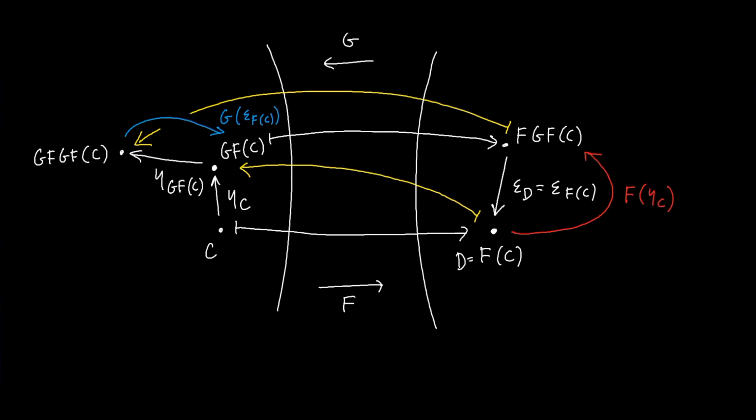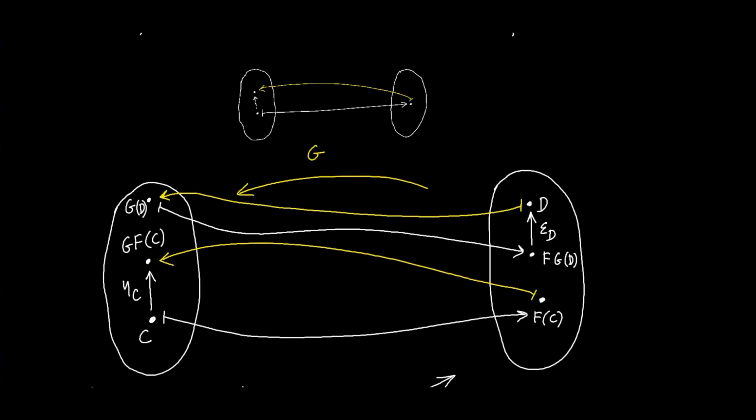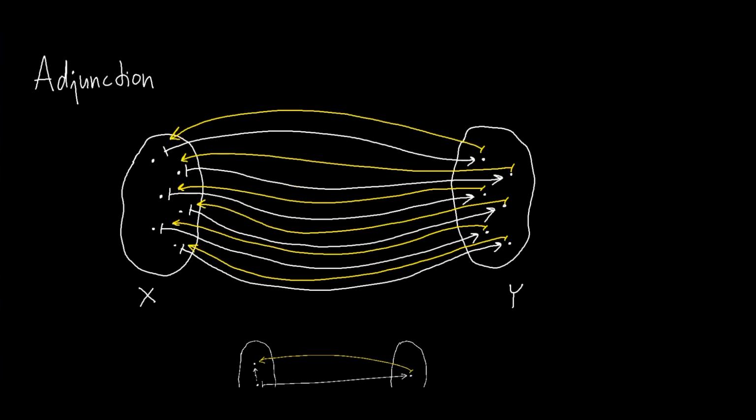Okay, so we now suddenly have arrows that go in opposite directions. And when we have arrows going in opposite directions, and when these arrows are between sets, we want them to be inverses of each other, right?